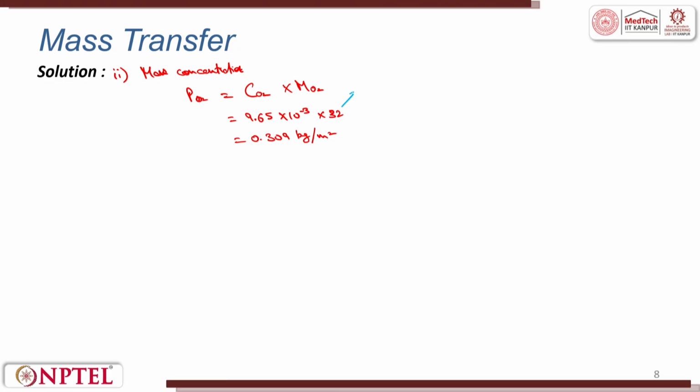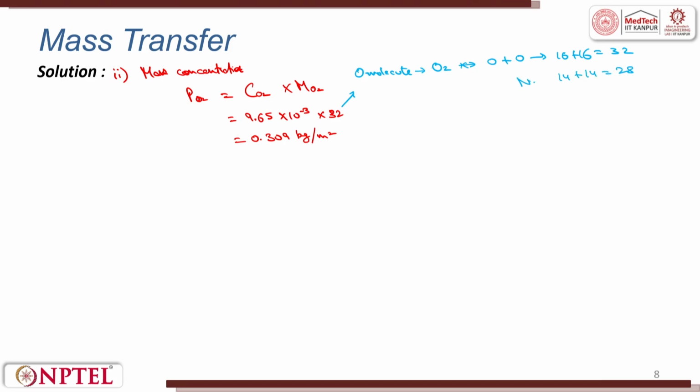Because we know the oxygen molecule has O2, that is oxygen plus oxygen, which is 16 plus 16 is equal to 32. Similarly, for nitrogen, we have 14 plus 14, that is equal to 28.